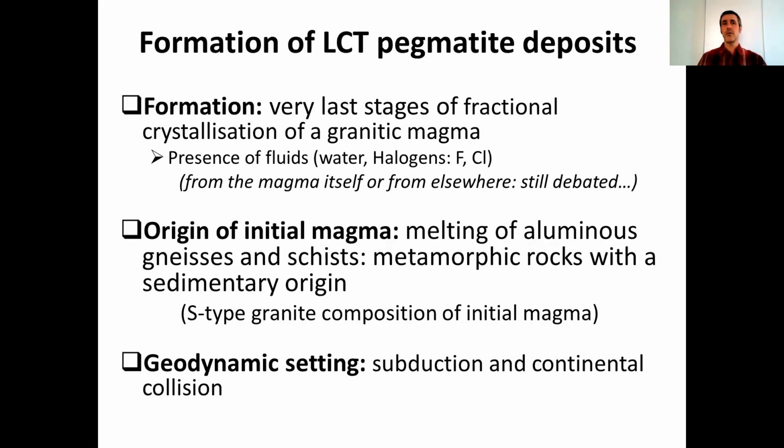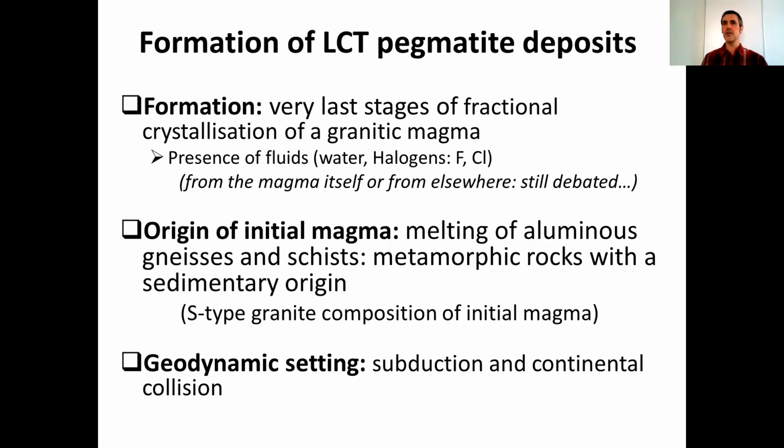How the LCT pegmatite deposits form. They are the result of the very last stages of fractional crystallization of a granitic magma. Basically, when a magma begins to crystallize, the first minerals formed are olivine and pyroxene and calcium-rich plagioclase.